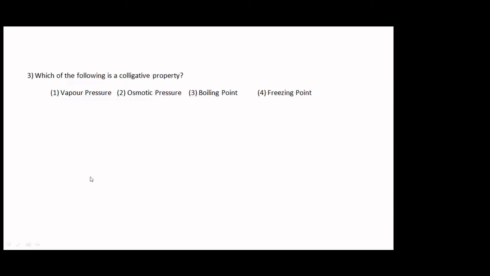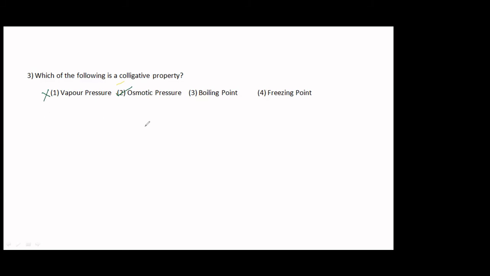Which of the following is a colligative property? Very simple, easy one. Vapor pressure is not a colligative property because different liquids will have different vapor pressures. Freezing point is not a colligative property. Osmotic pressure, yes, that is a colligative property. Why? Vapor pressure depends on the nature of the solvent.